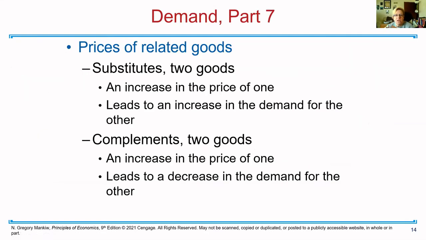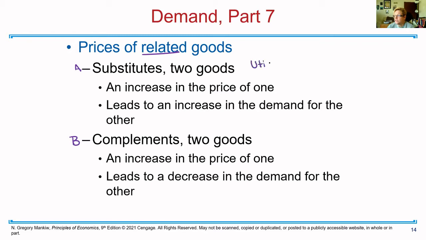Now, at this point, we're going to talk about substitutes and complements. Substitutes are two goods that are related to each other. So we're going to call these related goods. We have substitutes and we have complements. Substitutes are ones that you would use in place of the other, and you yourself would see absolutely no difference in the utility of that good or that service.